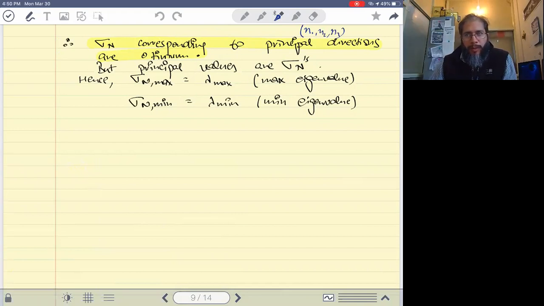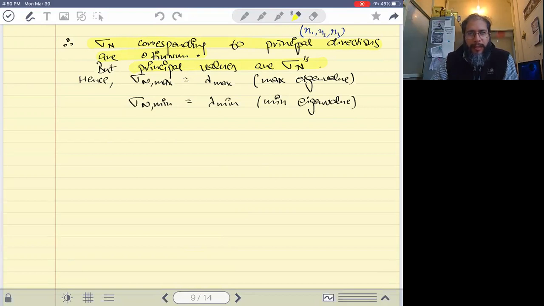But we already know that in the principal planes, there's no shear stress. So the complete stress value, or the principal values, are nothing but the sigma n values in principal planes.